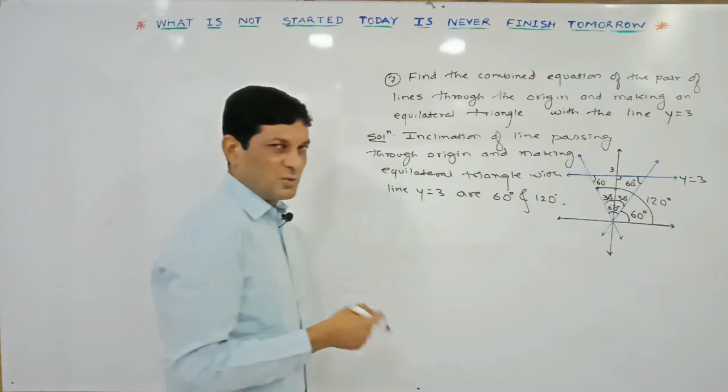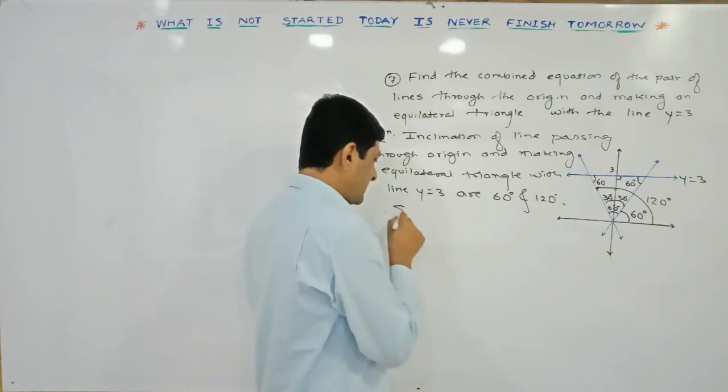Once the inclinations are known to us, we can easily find the slope of the line.